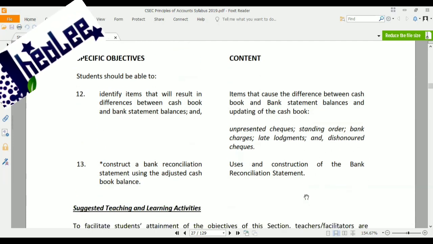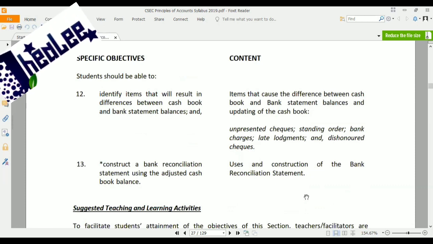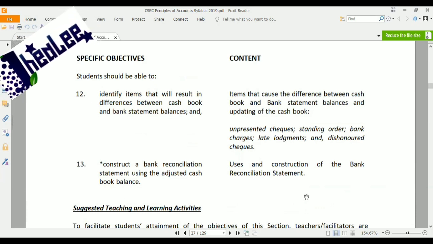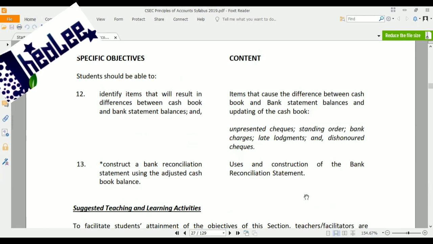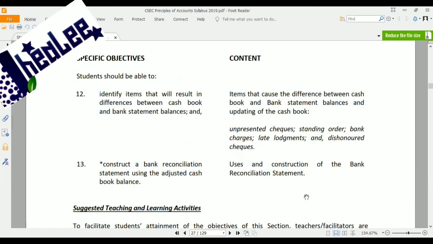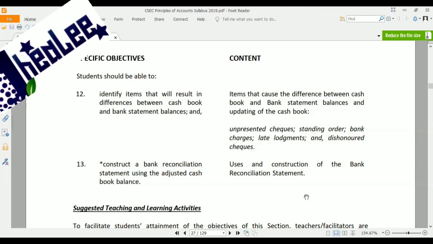They may give you, for example, a transaction listed on a particular date, and you are to state what type of item it is, like an unpresented check or a late lodgement. And they may ask you too, why is that check dishonored?